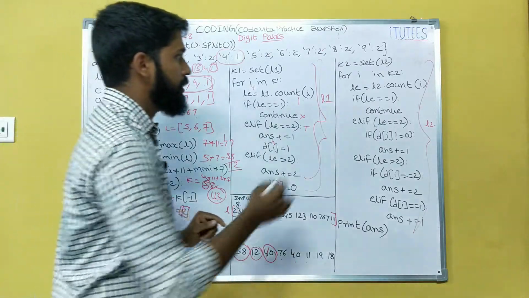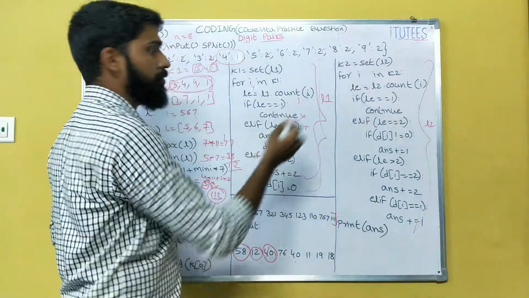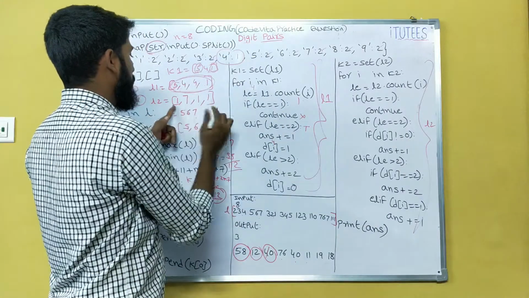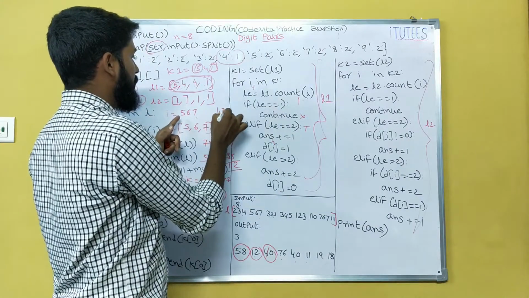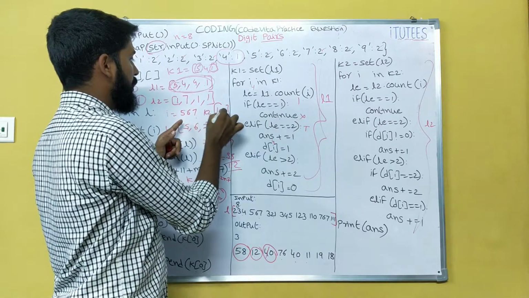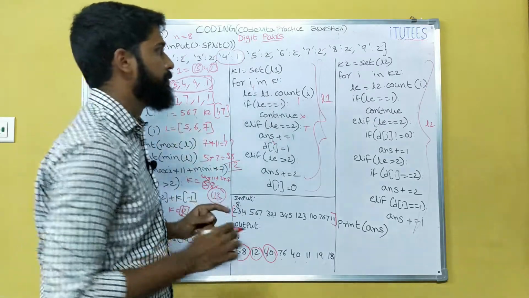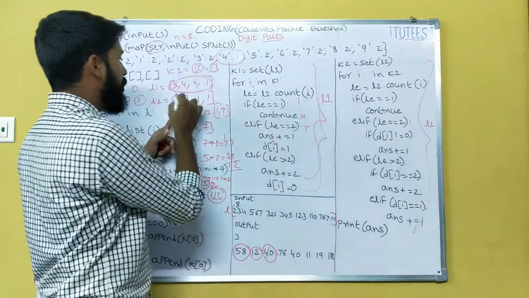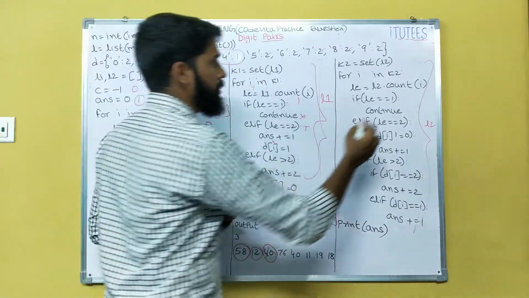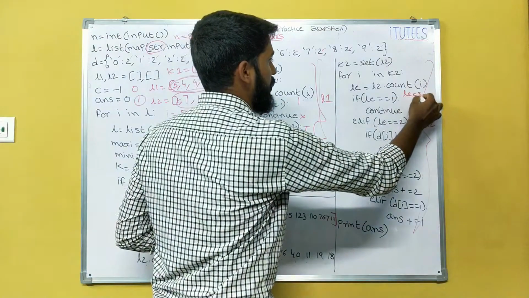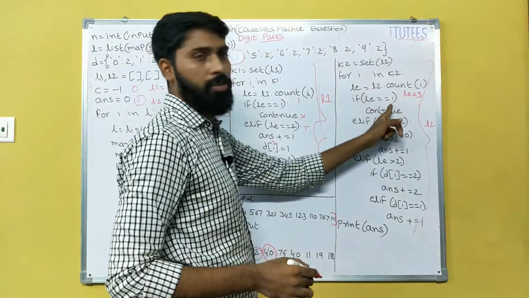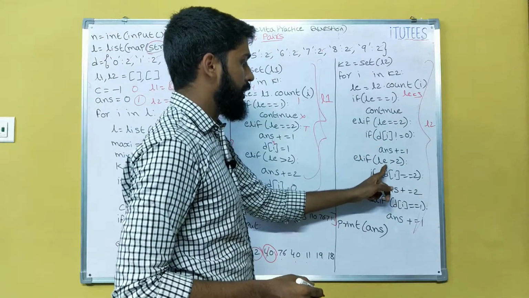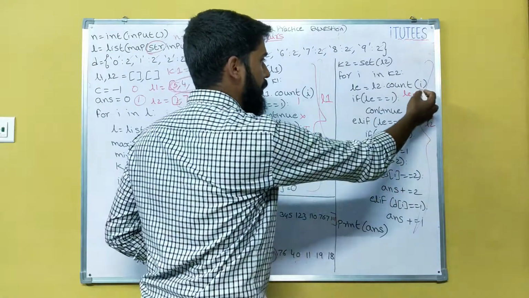The next one, we perform the same operations on list 2. You are taking another K2, that means here 1, 7. K2 equals 1, 7. For I in K2, that means 1. Now you can count how many ones? 3 ones. Here, L equals 3. L equals 1? No. L equals 2? No. Else L greater than 2? Yes, it is 3.